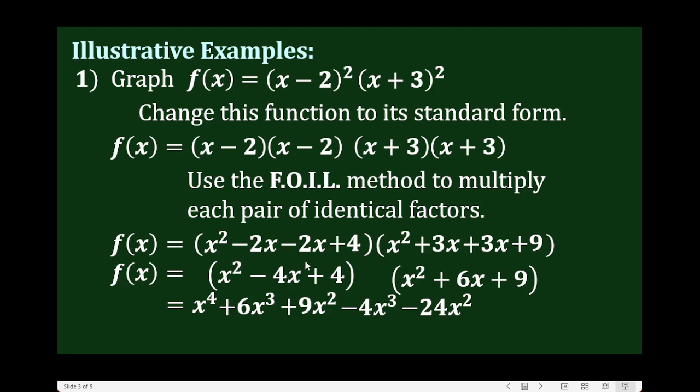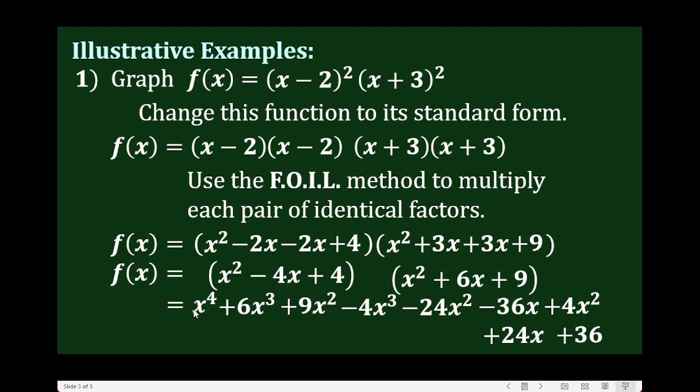Negative 4x times positive 9 is negative 36x. Then next, we have the third term, 4, to be multiplied to each of these terms also. So 4 times x squared is plus 4x squared. Then 4 times 6x is 24x, then 4 times 9 is plus 36.